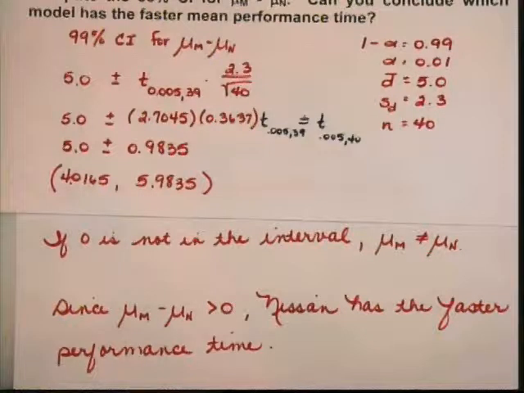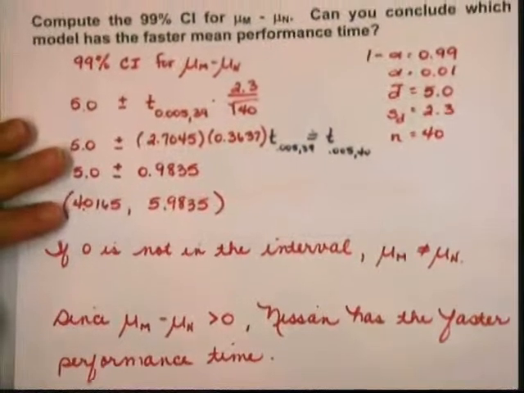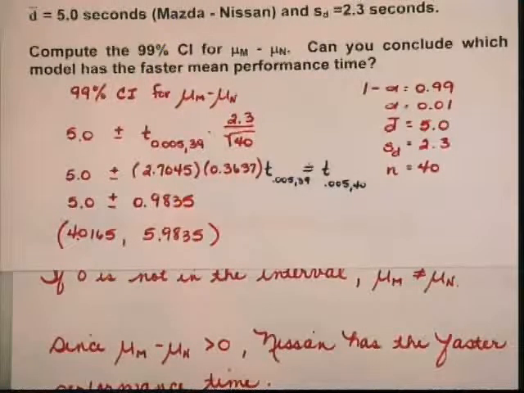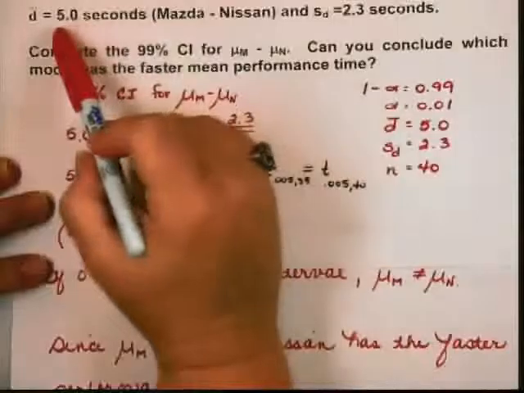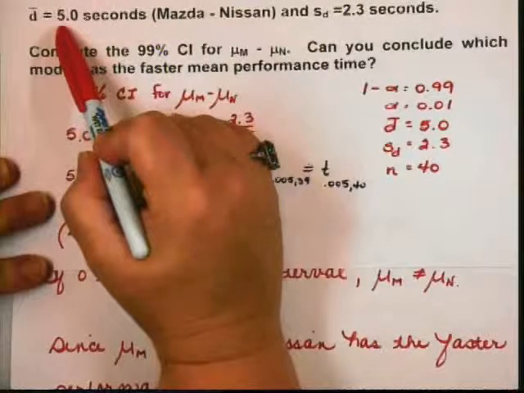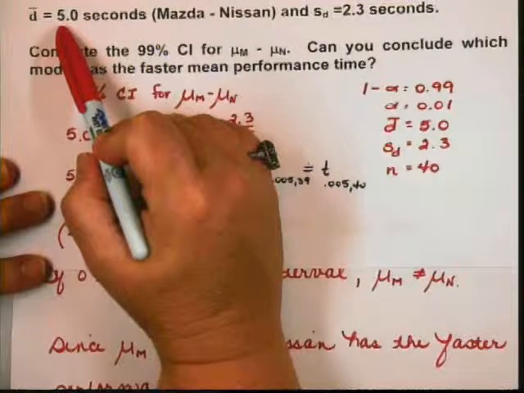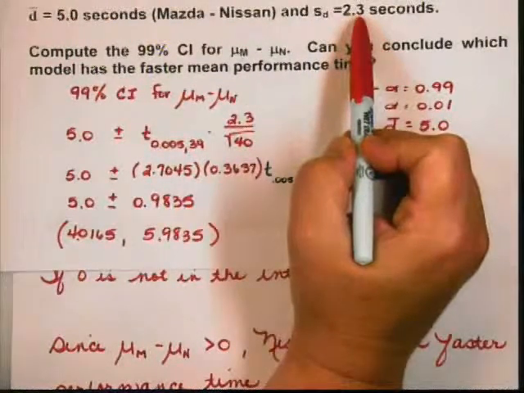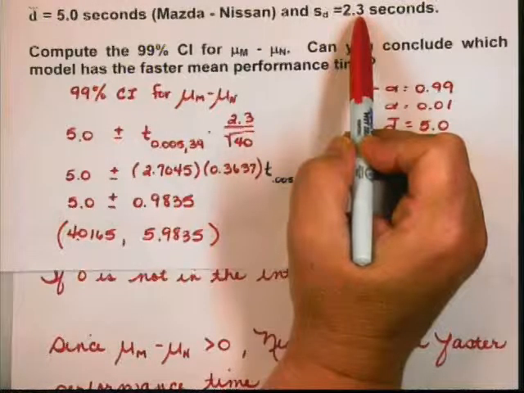What would have happened differently in this problem if D bar were Nissan minus Mazda? What would be different? If this were done as Nissan minus Mazda, D bar would be -5. What would the standard deviation be? Stays 2.3.